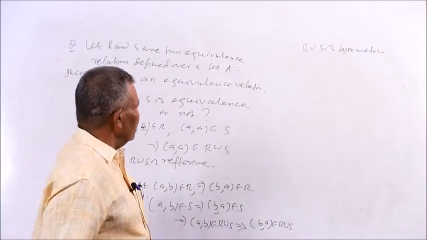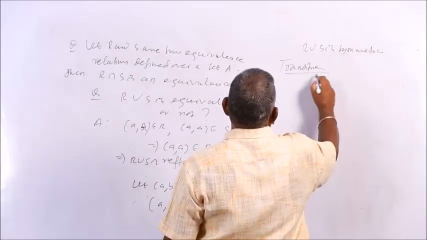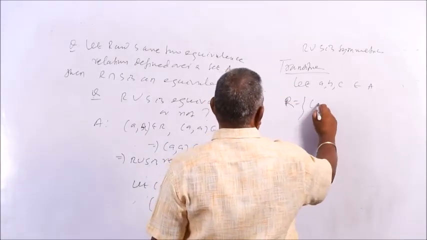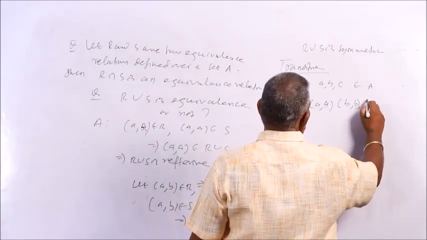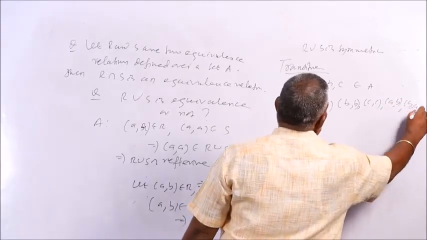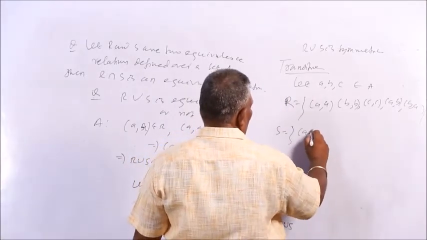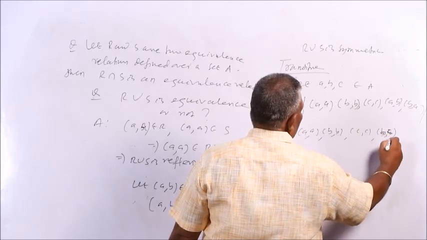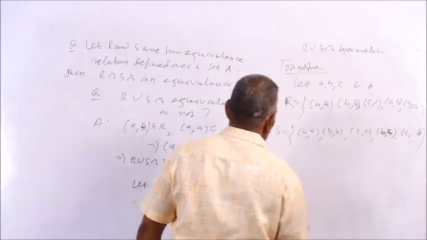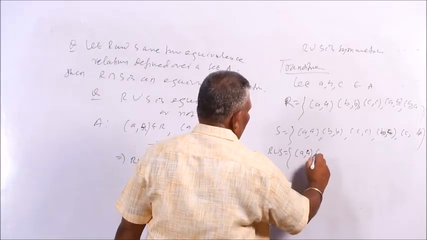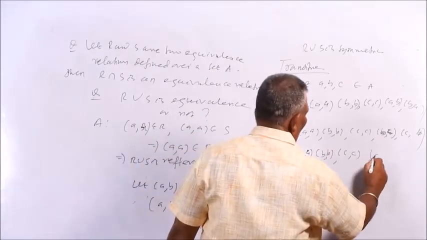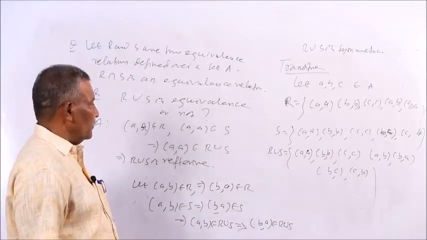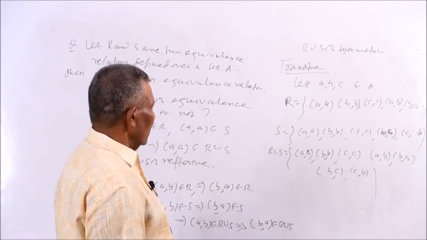Next we'll move to the transitive property. Let a, b, c belong to A. Let us consider R as {(a, b), (b, a), (b, c), (c, b)...} and S as {(a, b), (b, c)...} and then R union S. Here R union S is not transitive, because if you take three elements, the relation will not be satisfied.